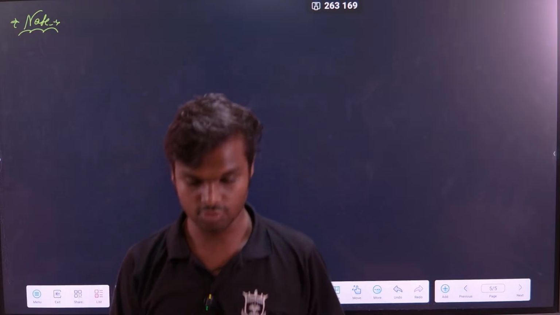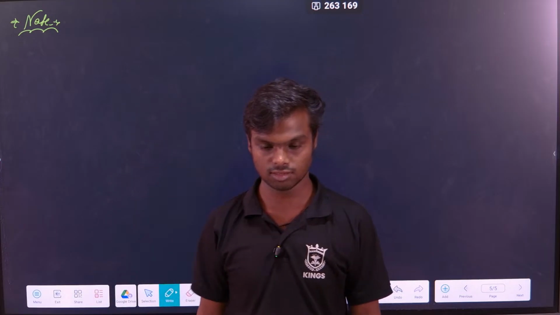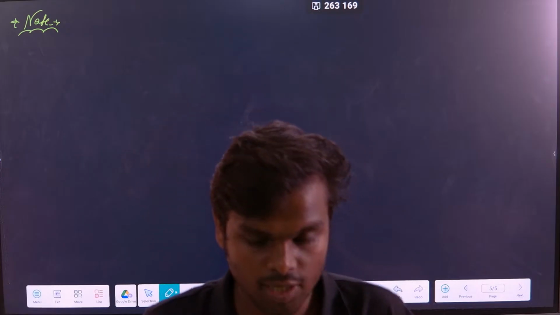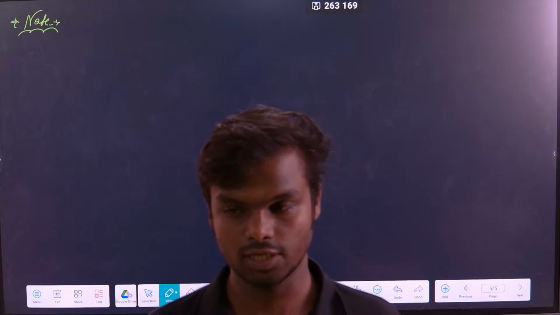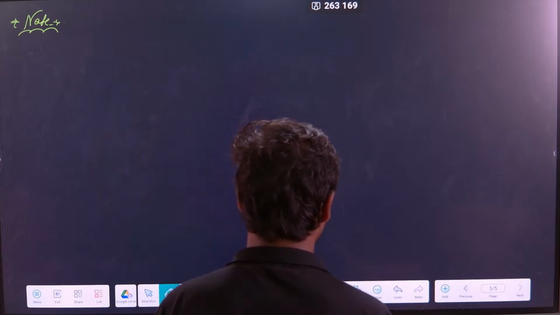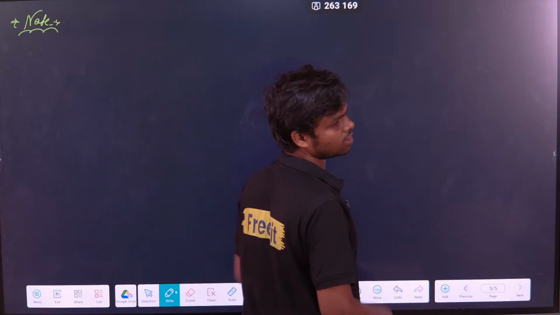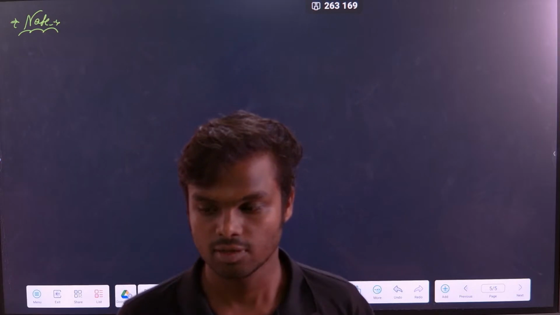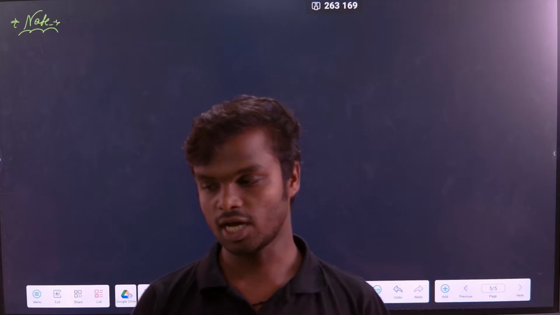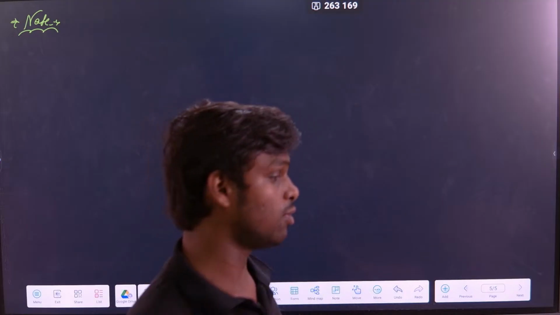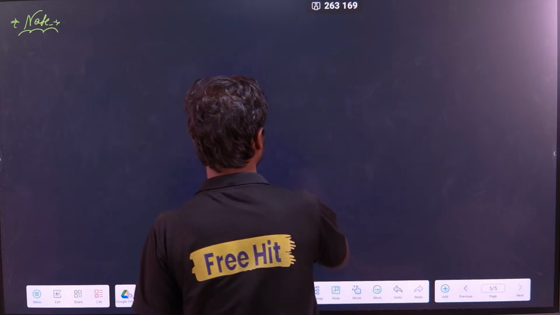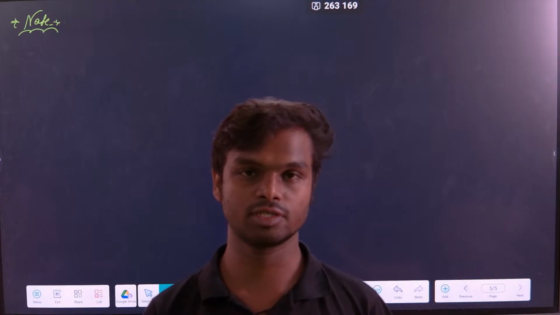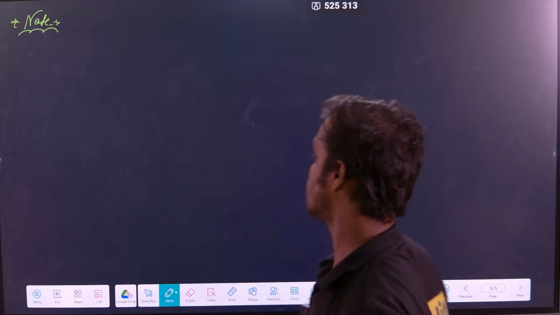For that I have to make my velocity 0 here. Then only I can make my velocity negative. See, when I am moving from here to here, my velocity is positive. Now I want to change the direction, that means I want to change my velocity from positive to negative. So for that I have to make my velocity equal to 0. So that is what the note is.